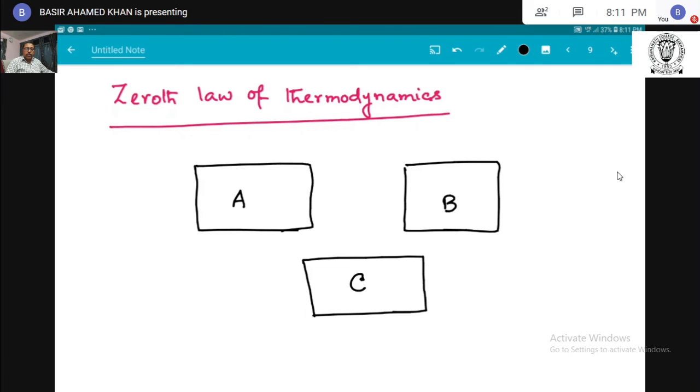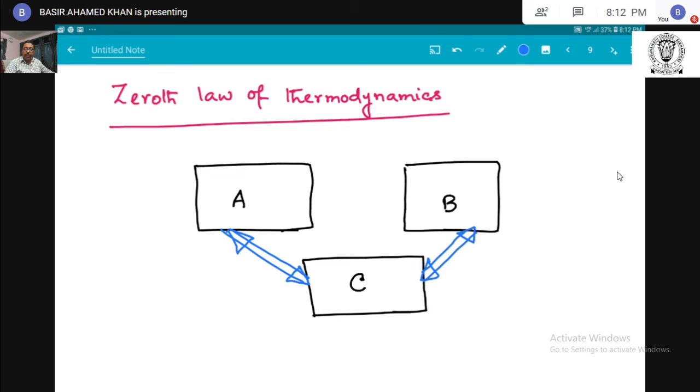I repeat again, the zeroth law of thermodynamics states that if two systems A and B are each separately in thermal equilibrium with a third system C, that is, thermal equilibrium between A and C, and between C and B separately, then A and B are also in thermal equilibrium with each other.